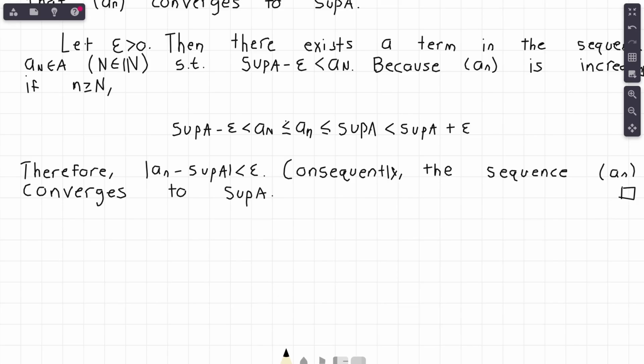In the case where a_n is decreasing, you can similarly show that the sequence a_n converges to the infimum of A.